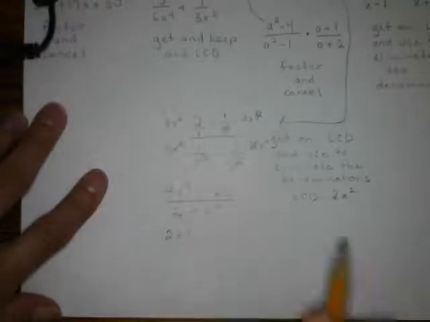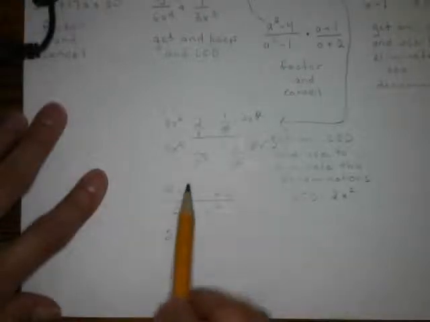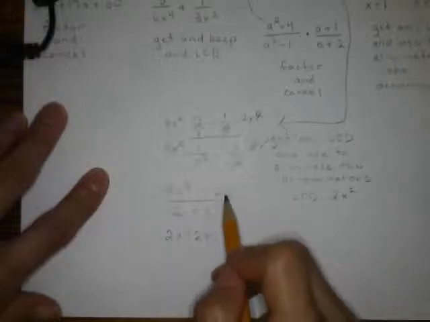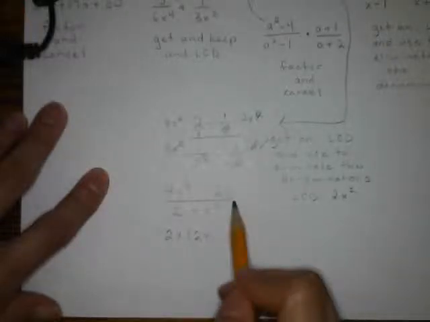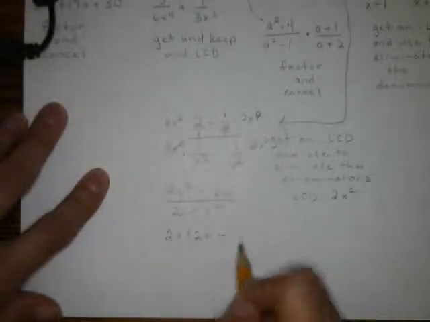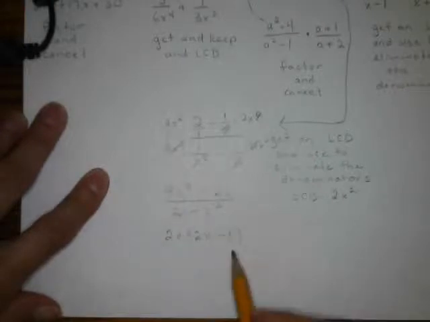So that means I can take a 2 and an x out of both of those. If I take a 2x out of 4x squared, that's basically dividing 4x squared by 2x. That leaves me with 2x. If I take a 2x out of 2x, that leaves me with just a 1. Remember that when you're dividing something by itself, that always equals 1.